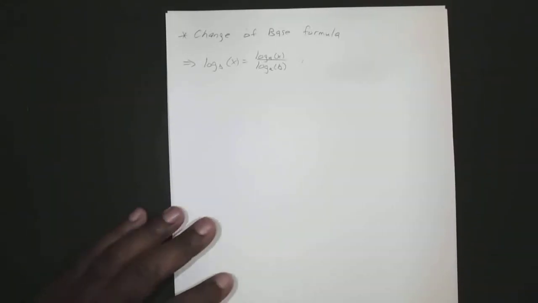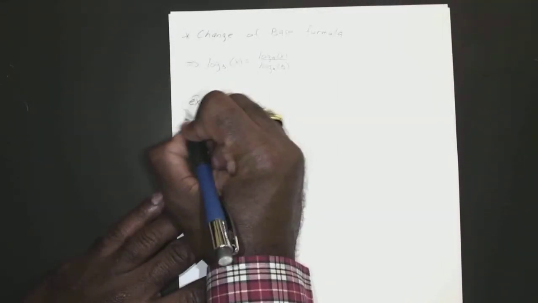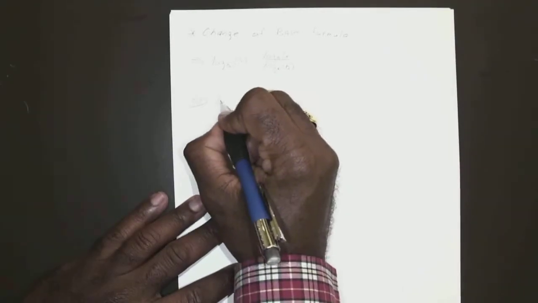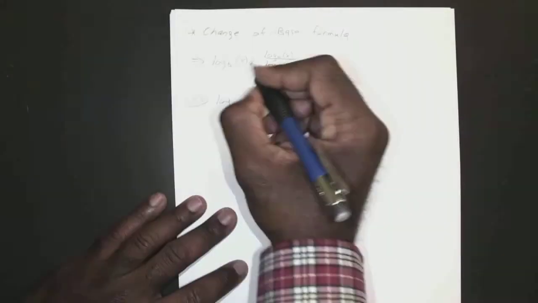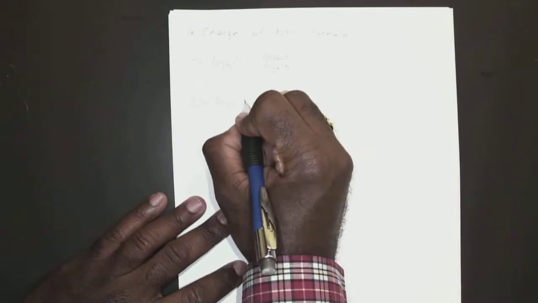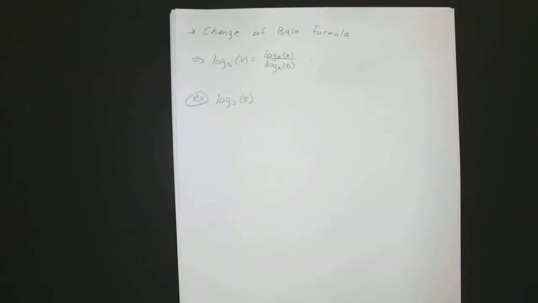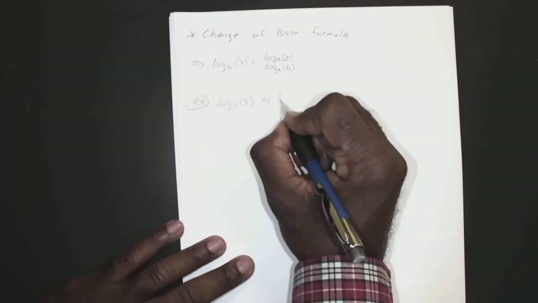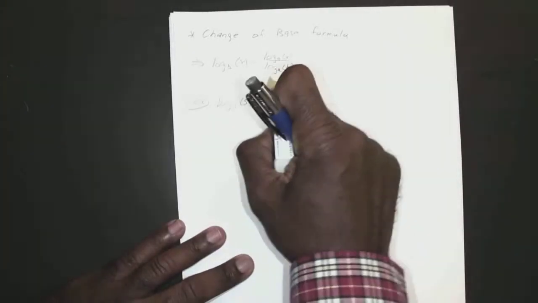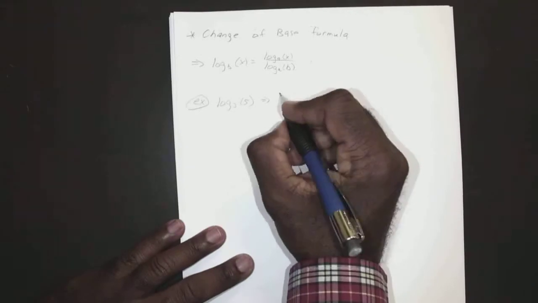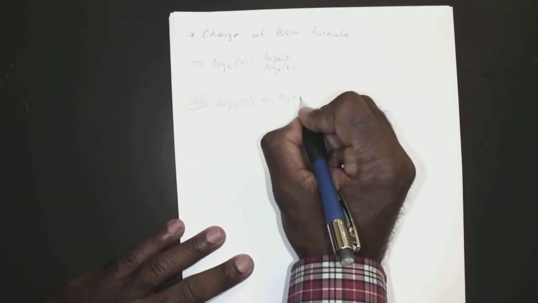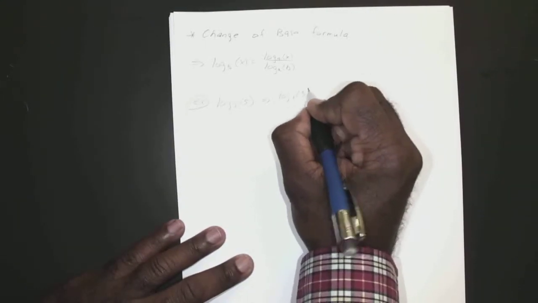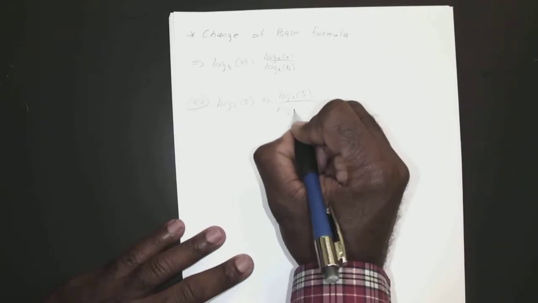Okay, so for example, let's say you have log base 3 of 5. And your calculator only has base 2 or base 10, so you can't solve this one. You can convert it into log base 2 of 5 over log base 2 of 3.